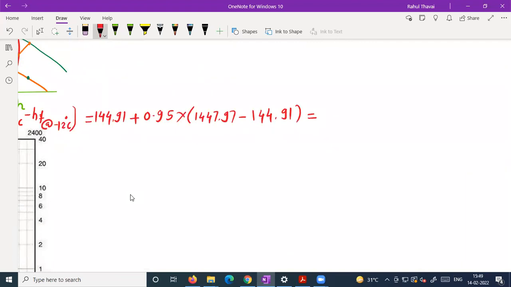Just do the calculation and let me know. It's a simple calculation. I'm expecting all of you to solve. How much are we getting? Yes, respond.